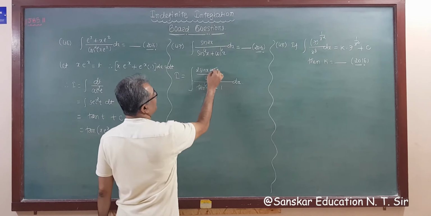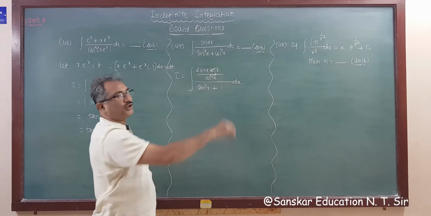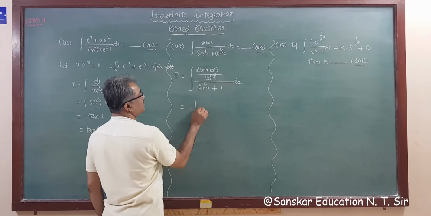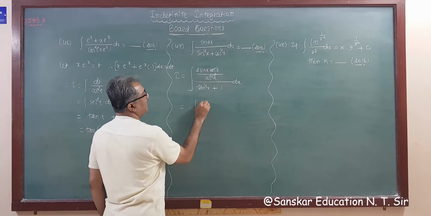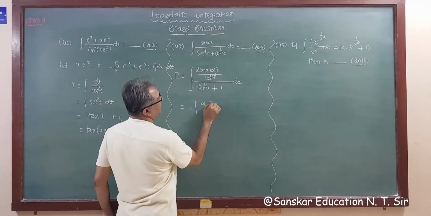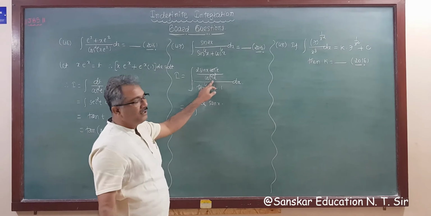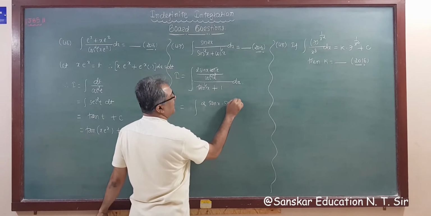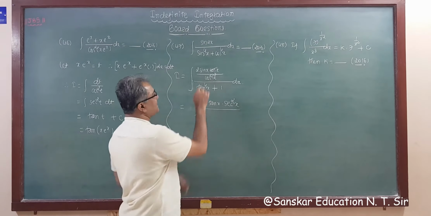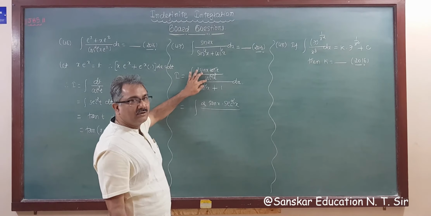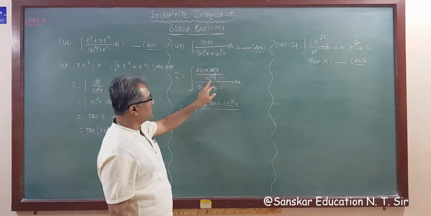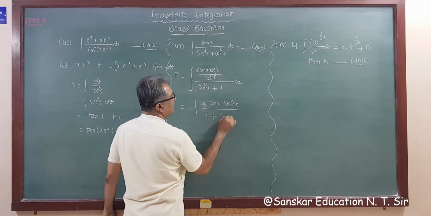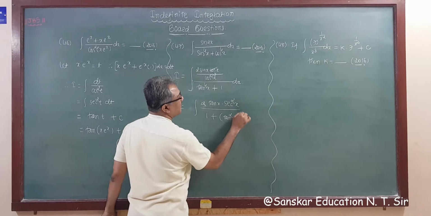So one cos will be cut, this is cos cube, and this is 2 times integration, sin upon cos is tan, so tan x, and remaining 1 cos square x now, so 1 upon cos square x is sec square x, so 2 tan x sec square x. Simplification of this: sin upon cos tan and 2 cos remaining, cos square remaining, so 1 upon cos square is sec square x, right? And this is 1 plus tan square x whole square dx.